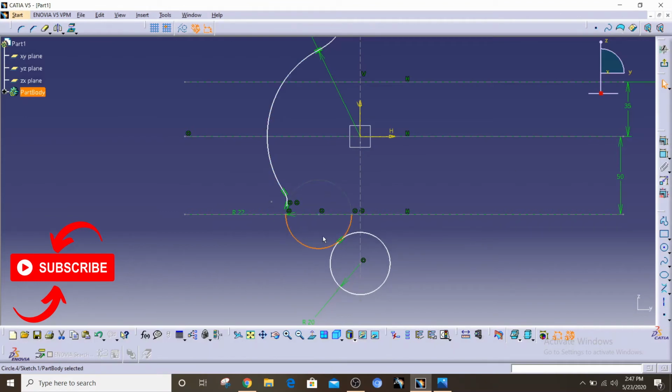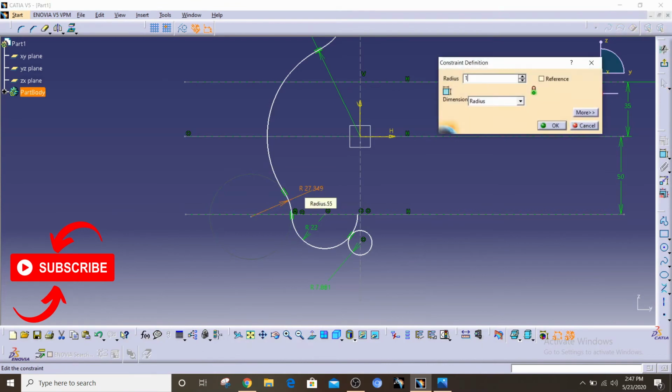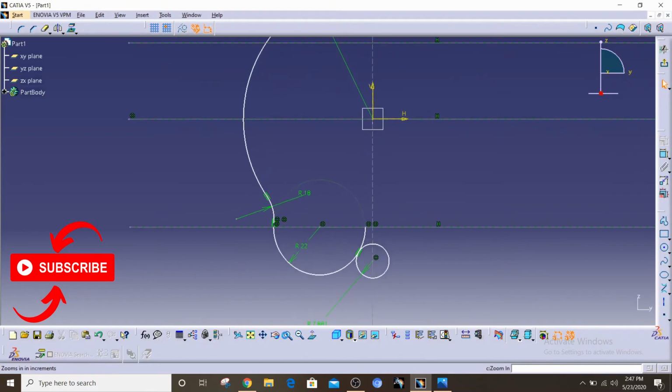Sorry, what was it? I think we forgot to dimension this one. Circular arc. So this is gonna be 18 units. Yep. And then we have an open profile here.